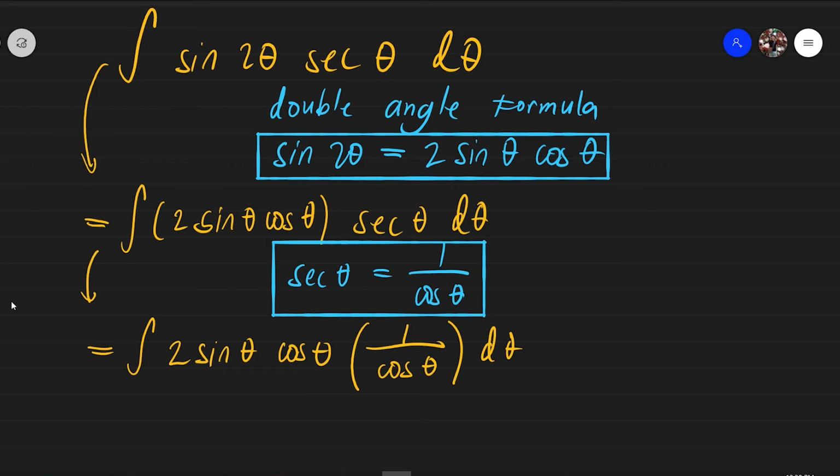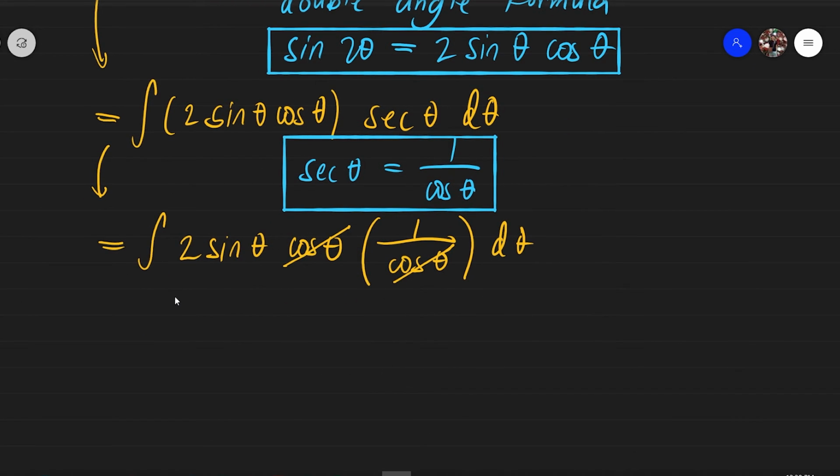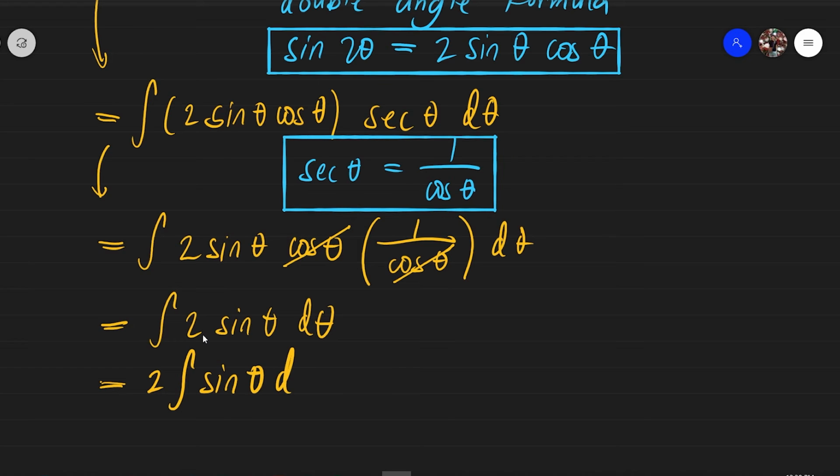So from this function, you can cancel out your cosine theta, right? So you will be left with the integral of 2 sine theta d theta. Or you can put your 2 outside of the integral. So this will be equal to 2 times the integral of sine theta d theta.